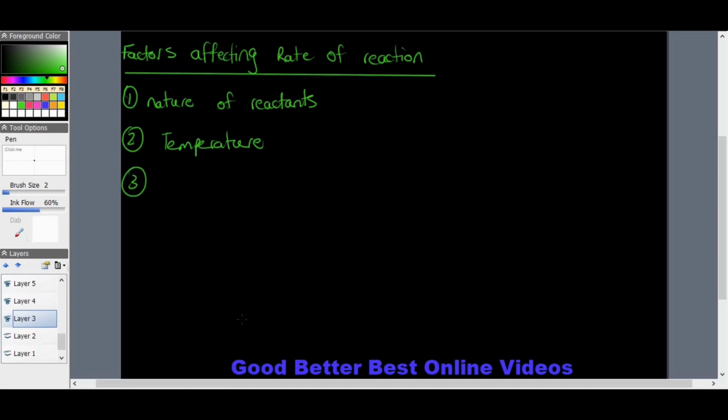So it could be the concentration of a liquid reactant, or the pressure of a gaseous reactant.